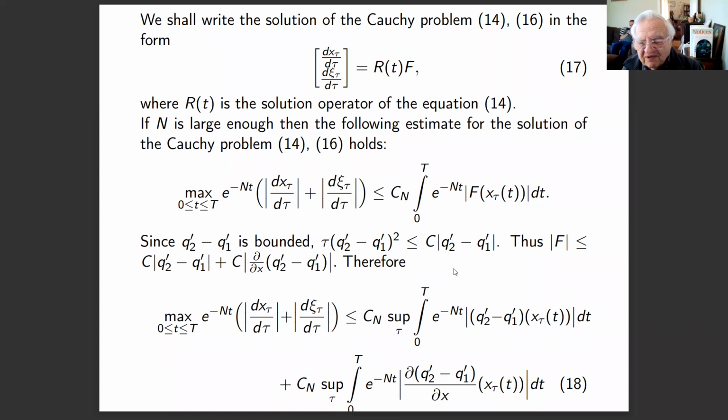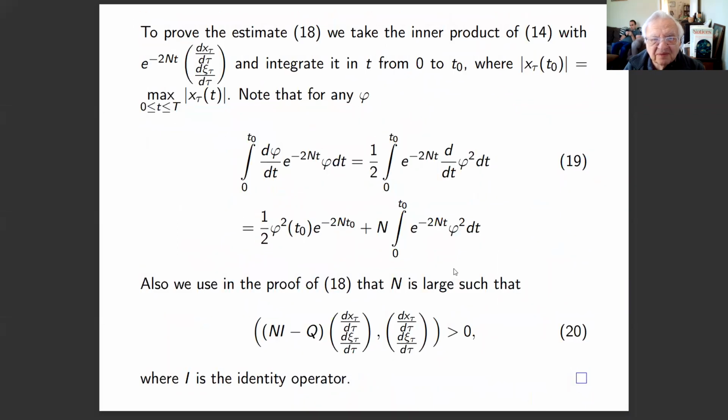So equation 18 is exactly this general conclusion. And the weights appear because we need to suppress the low order term.